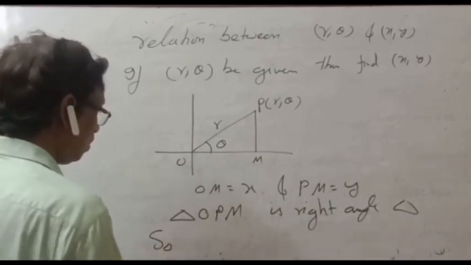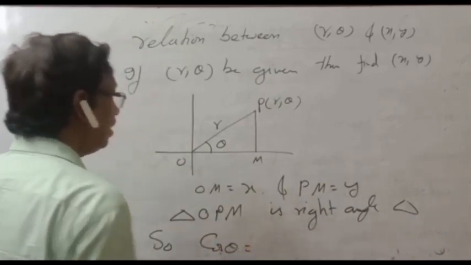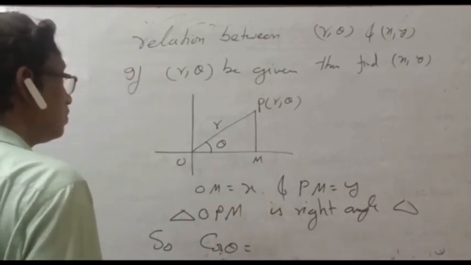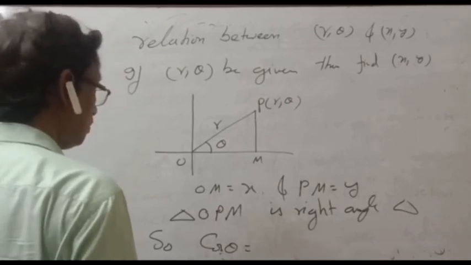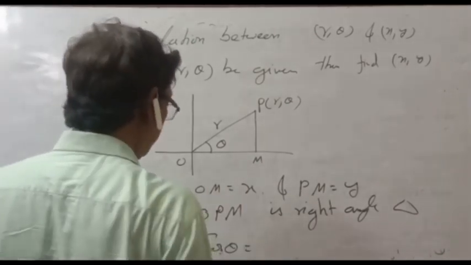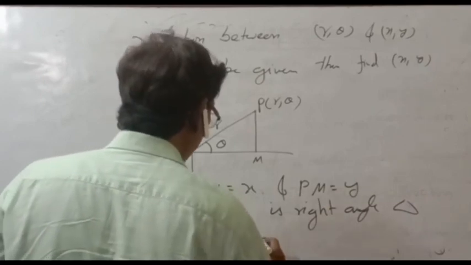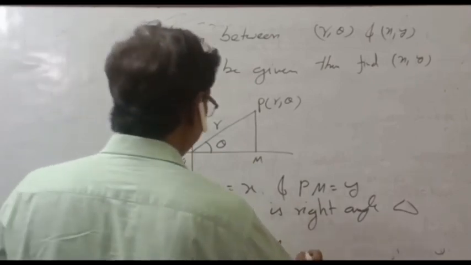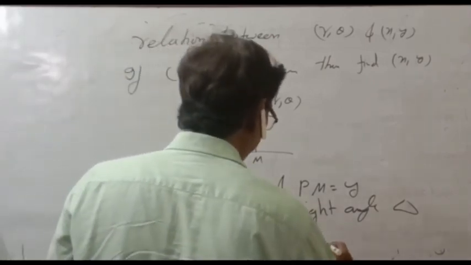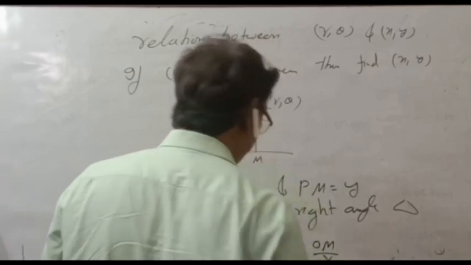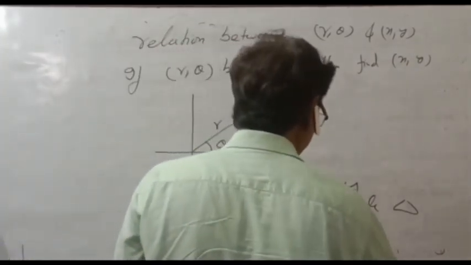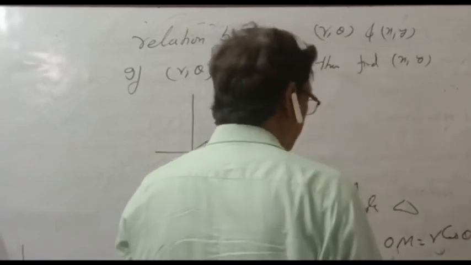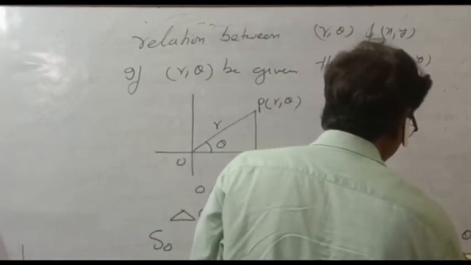So cos theta is equal to OM by OP, that means OM by r. OM is equal to r cos theta, that is x is equal to r cos theta.